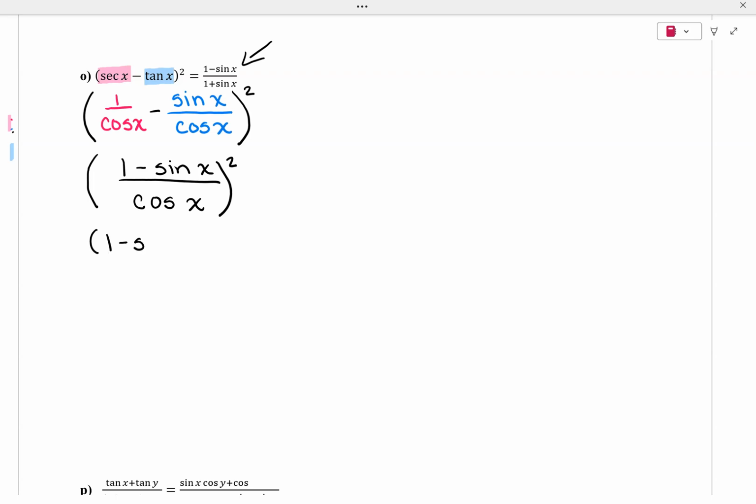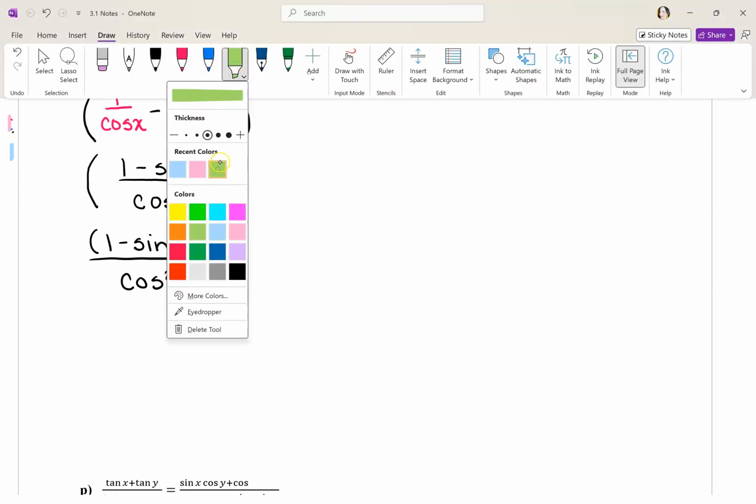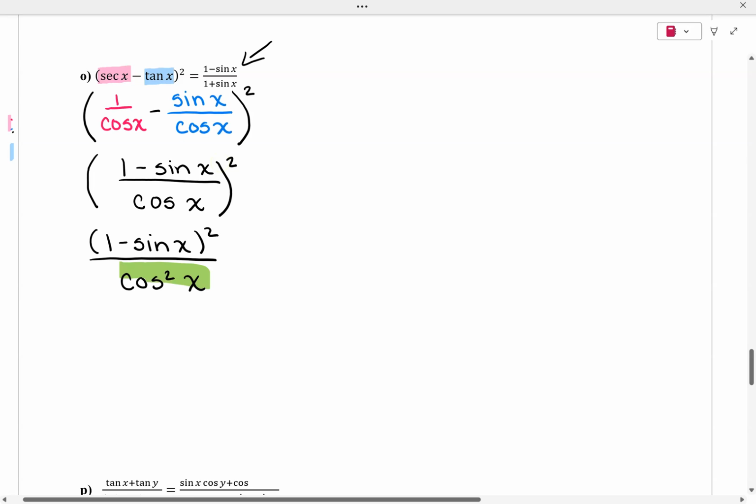So 1 minus sine squared x squared over cosine squared. We need sine, so let's leave the top alone. But let's change the bottom.